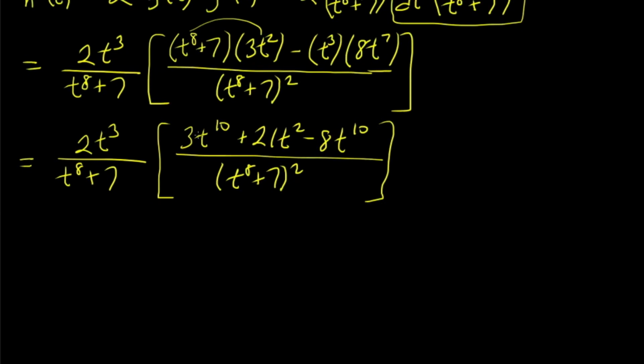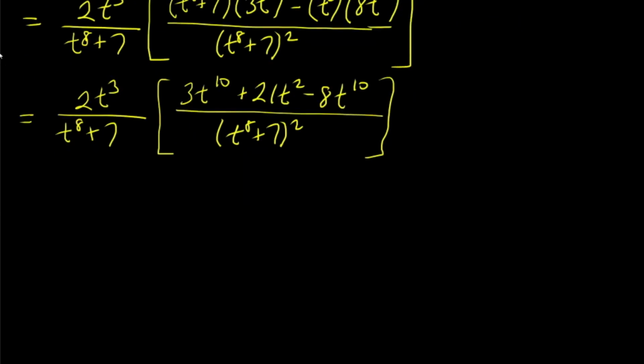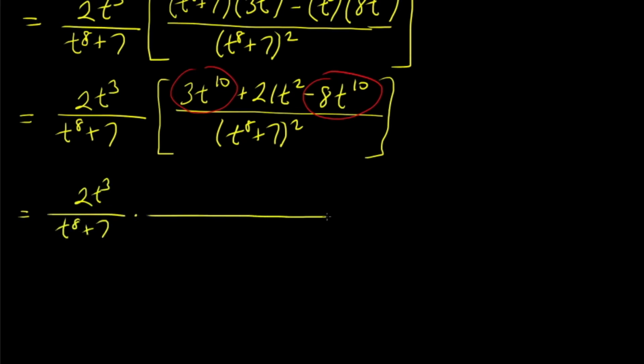So 3t to the 10 minus 8t to the 10 is negative 5t to the 10. So I desperately wanted to multiply this out already, but I'll do that on the next step. So, yep, we're going to get negative 5t to the 10 plus 21t squared.